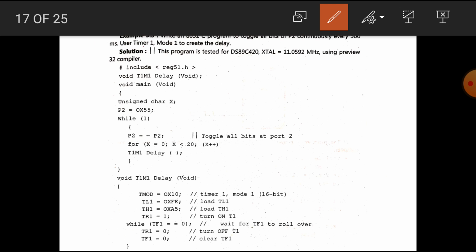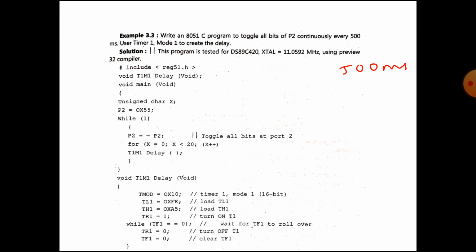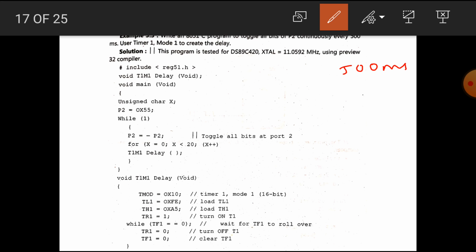For the toggling of all the bits of P2, we have to use timer 1 mode 1. For timer 1 mode 1 we have to load the value 10H into the TMOD register. Now we have to find the values of TH and TL.